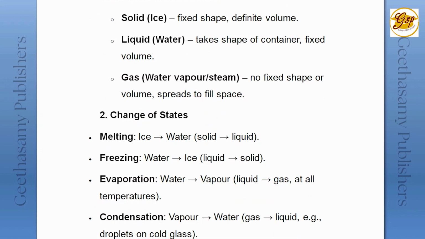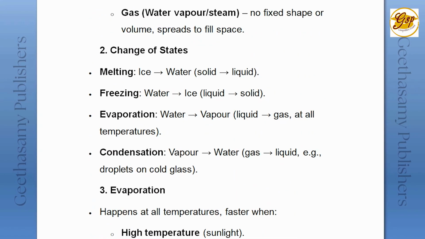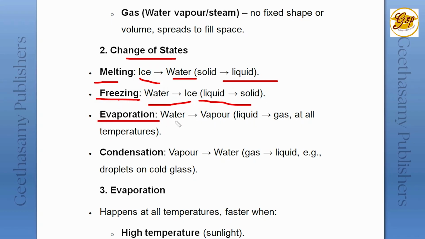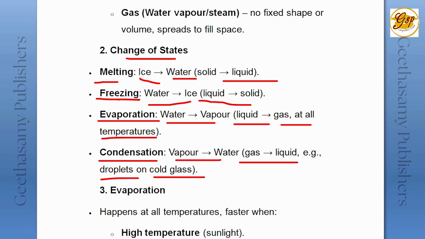Then the changes of the states: melting, ice to water, that is solid to liquid; freezing, water to ice, liquid to solid; evaporation, water to vapor, that is liquid to gas, at all temperatures; then condensation, vapor to water or gas to liquid, example droplets on a cold glass.